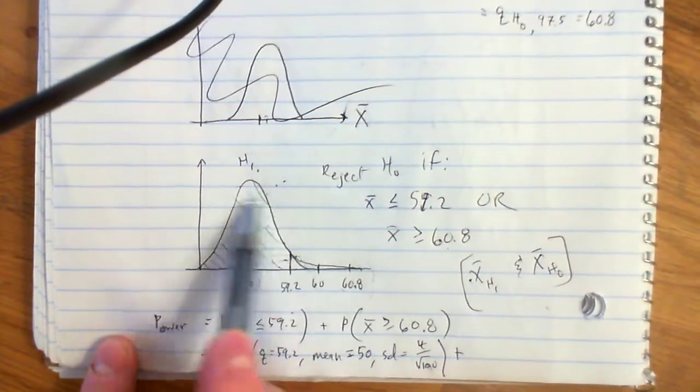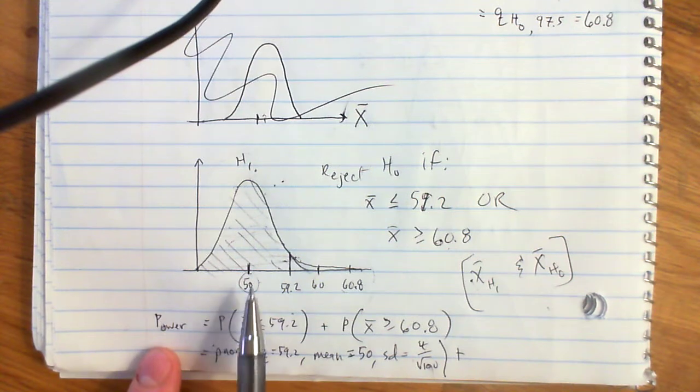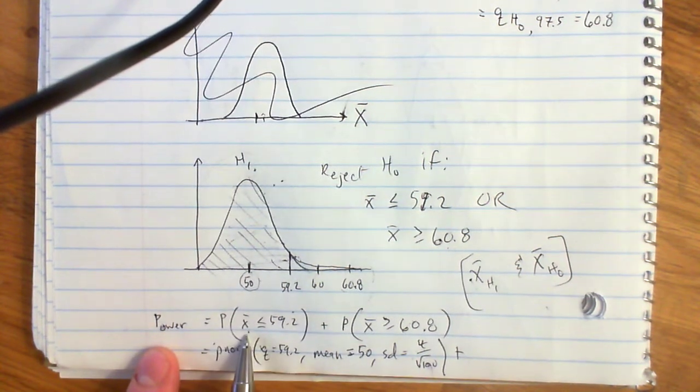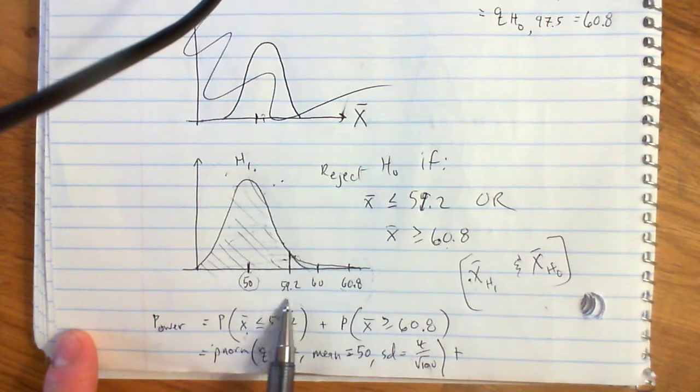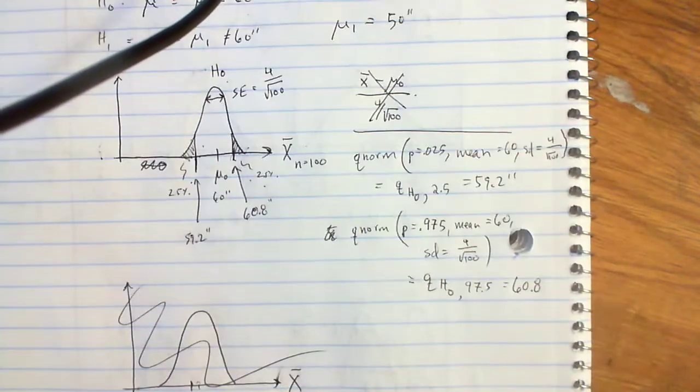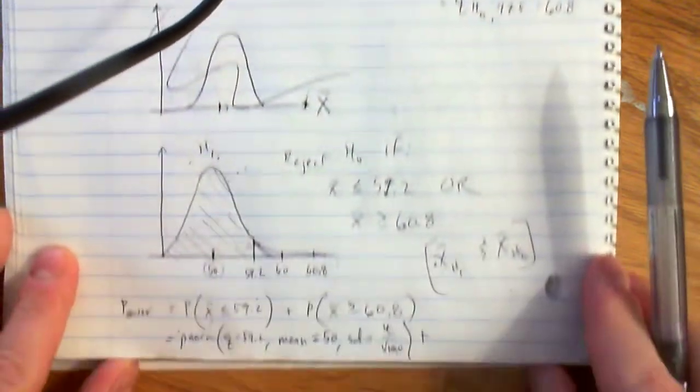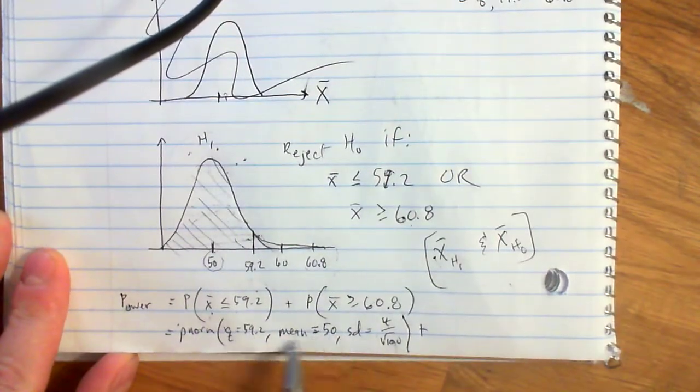We're saying how likely is it that the actual sample mean, which comes truly from H1, counts as extreme under the null? And that's what this first part gives us.